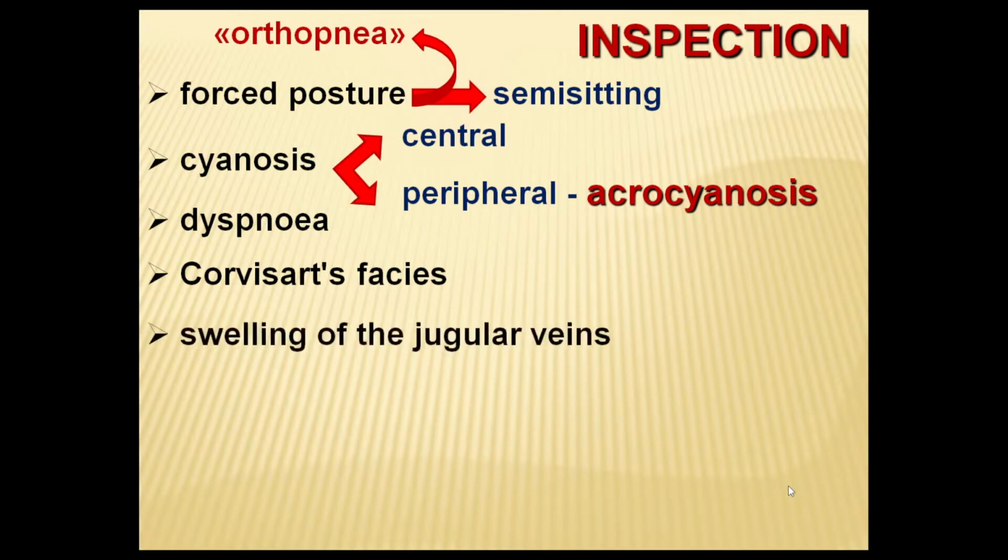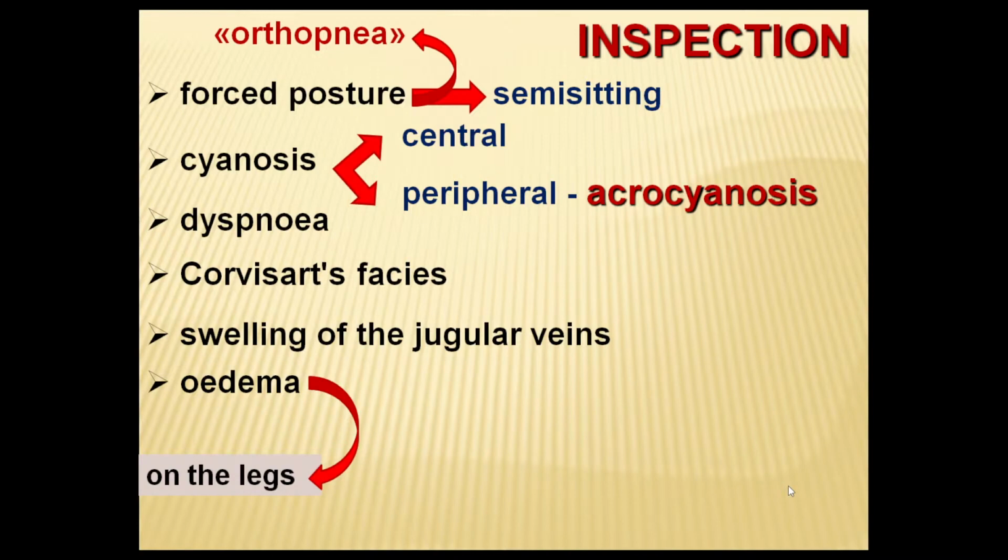We can see swelling or dilation of the jugular vein due to congestion of blood in the greater circulation. We can see progressive edema, first of all on the lower extremities, then the entire body. We'll come back to our initial picture which characterizes blood circulation, as I explained.